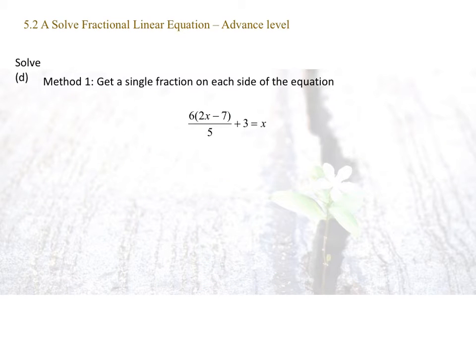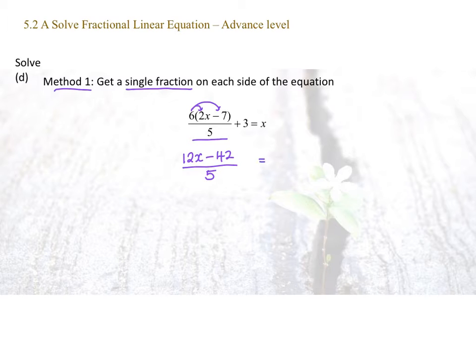There are three different methods to solve such a fractional equation. Method number one, we're going to get a single fraction on each side of the equation. So let's take a look. We have one fraction over here, and then we have brackets, so we're going to expand our brackets. That will give me 12x minus 42 over 5.